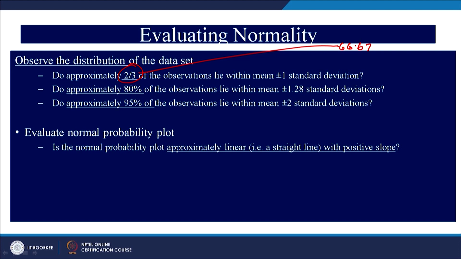Otherwise, if 80% of observations lie within, let us say, 1.28 standard deviations, then it would again be normal data. Approximately 95% of the data lie within 2 standard deviations. So, if you fulfill all these 3 conditions, you can say that the data are normally distributed.